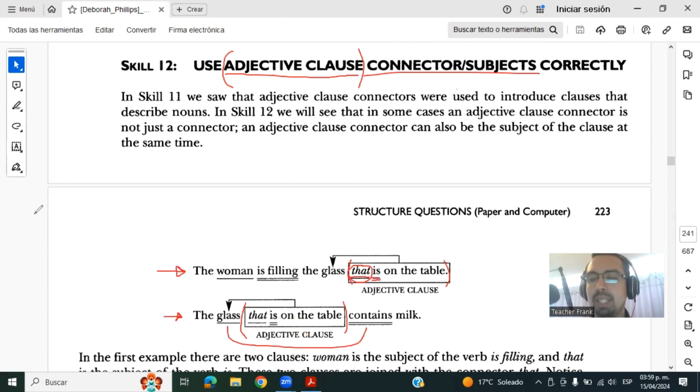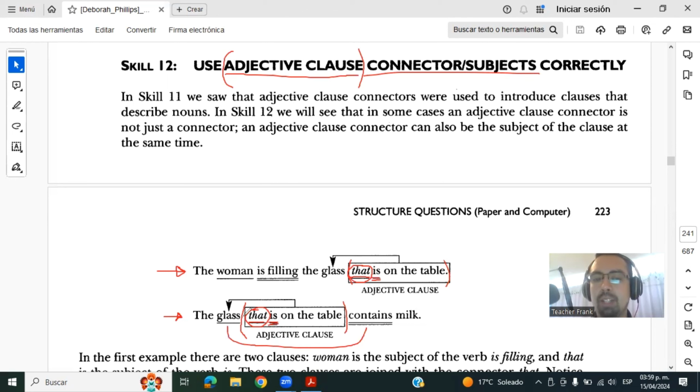But I want to be specific. I want to give specific detail information on the glass. So I specify, the glass that is on the table contains milk, right? What glass? The glass that is on the table. Again, that in this case is going to be my connector, but it is also my subject for the verb is.